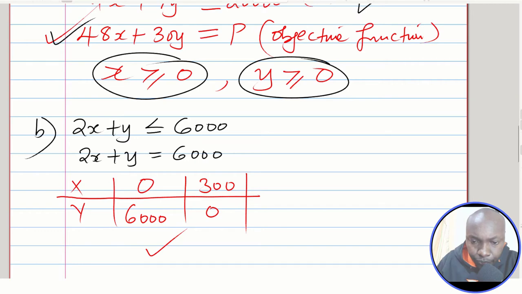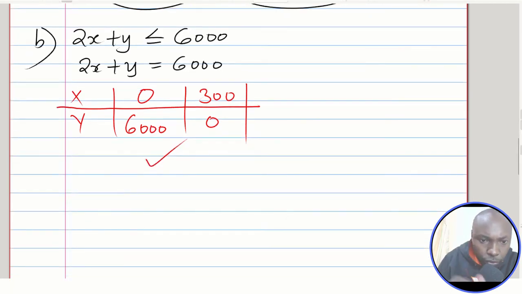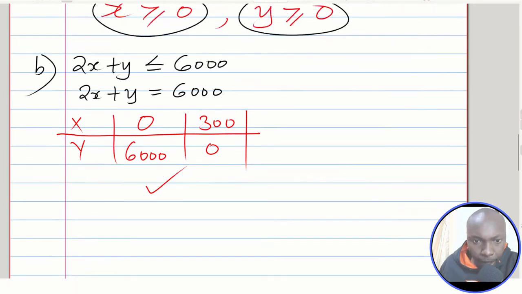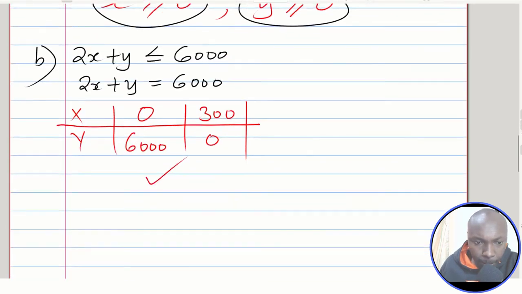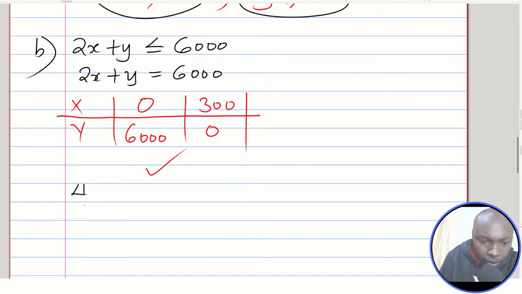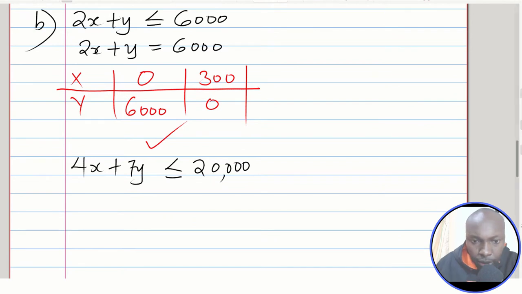Then from there we can go to the other equation, and the other equation is 4x plus 7y less than or equal to 20,000. Again, here we can just have any 2 points.